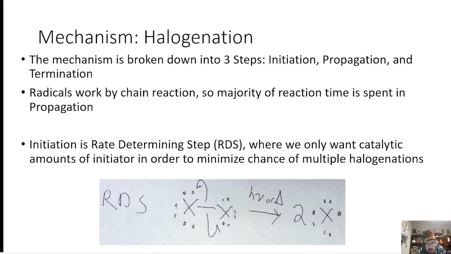But the rate determining step is we split one of our halogens into 2 radicals. You notice the arrow goes to one radical, the half arrow goes to the other halogen. So we have 2 equivalents of the halogen radical.